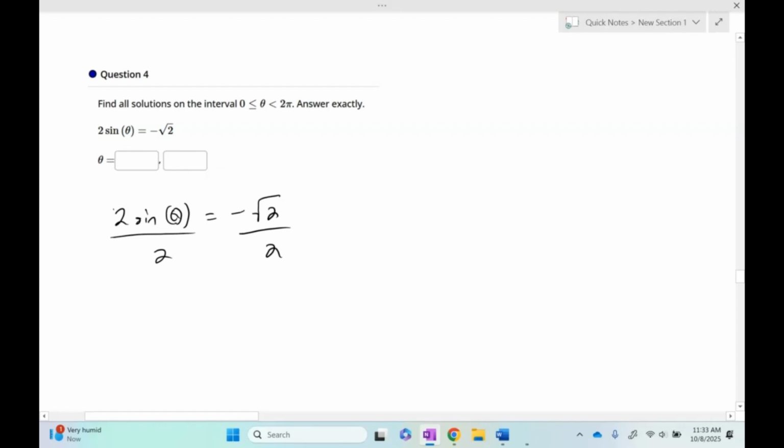Once I divide both sides by 2, on the left-hand side, I'm left with the sine of theta. And on the right-hand side, I'm left with negative square root of 2 over 2. Now that the variable term is isolated and the coefficient is 1, I can now interpret it.